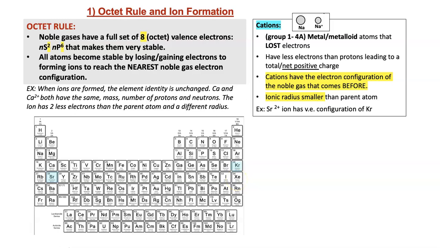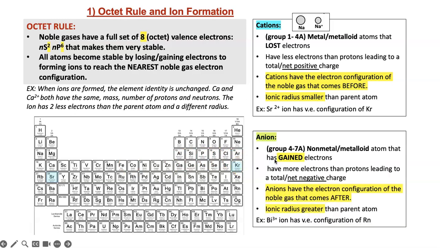That's completely nuts when you can give up 1, 2 electrons and become like krypton. So atoms, when they become ions, do the easiest possible thing: lose the least amount or gain the least amount of electrons to become like the nearest noble gas. So metals always like to become the noble gas in the period or row before them.